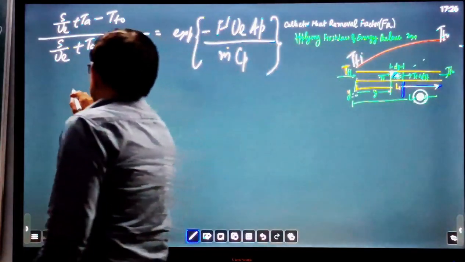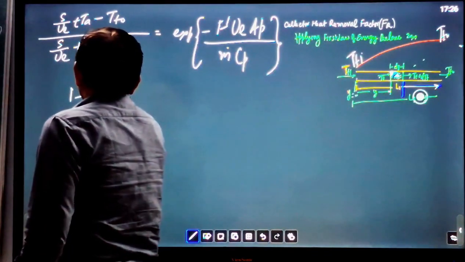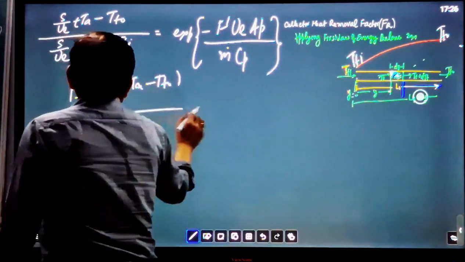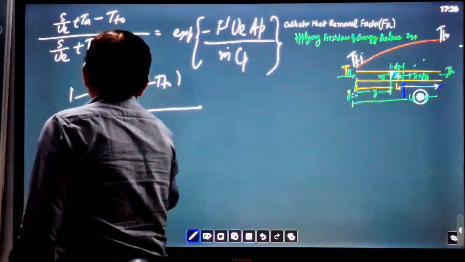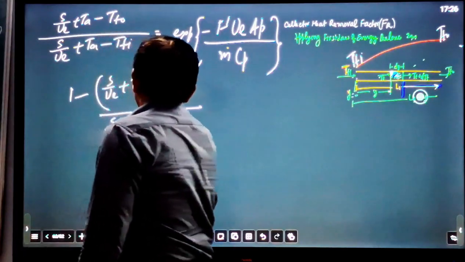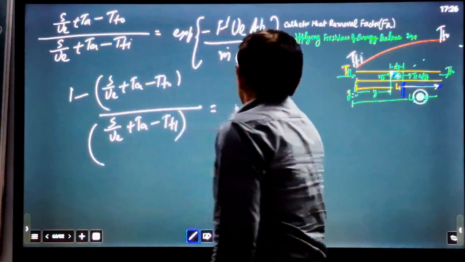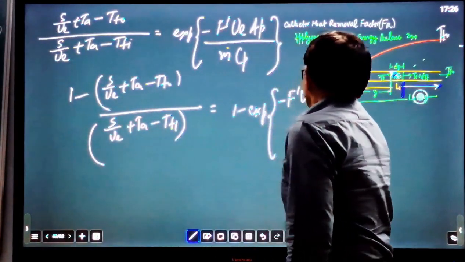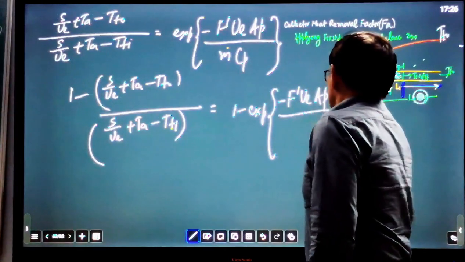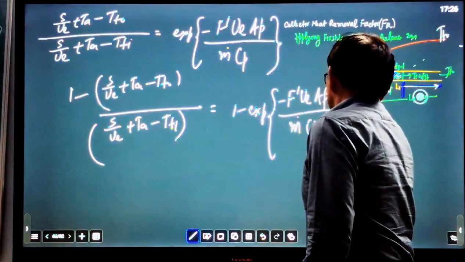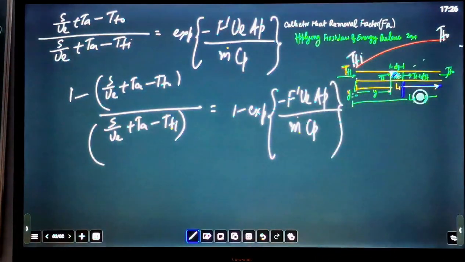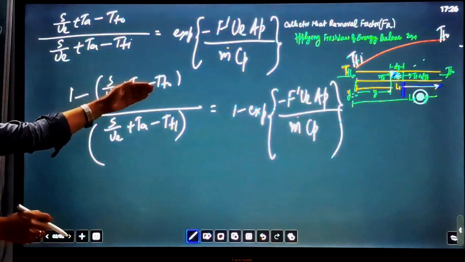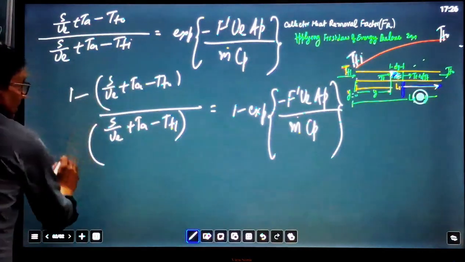So this becomes 1 minus (S/UL + TA − TFO)/(S/UL + TA − TFI) equal to 1 minus exponential of minus F' UL AP/(m dot Cp).